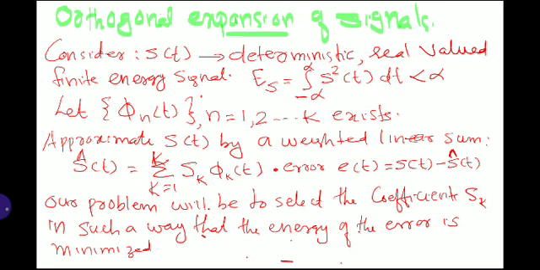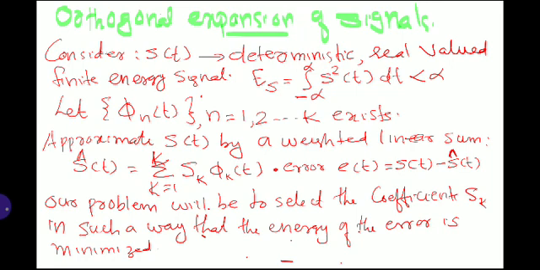Now we don't know whether this s of t can be represented using these capital K basis functions correctly. We don't know. So we assume that we approximate S of t by a weighted linear sum. S cap of t is equal to sigma k equal to 1 to capital K sk into phi k of t.